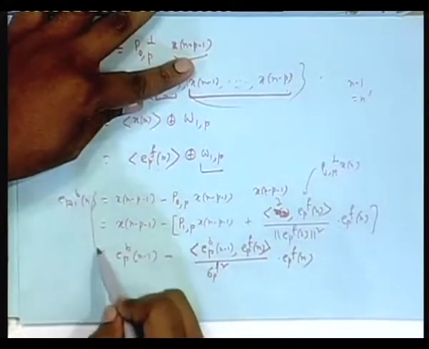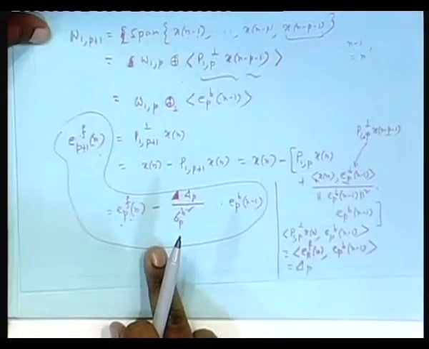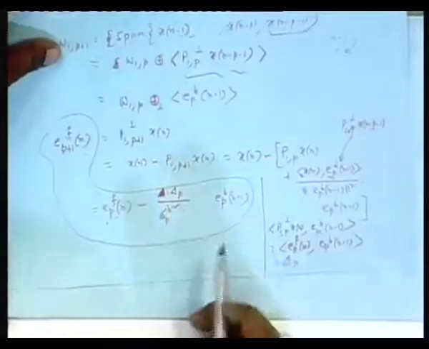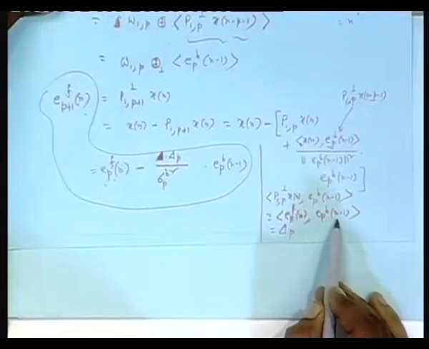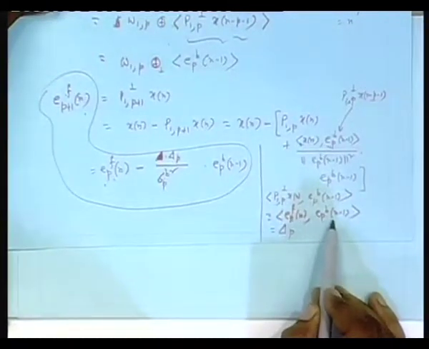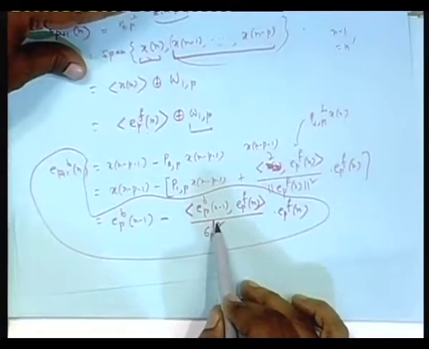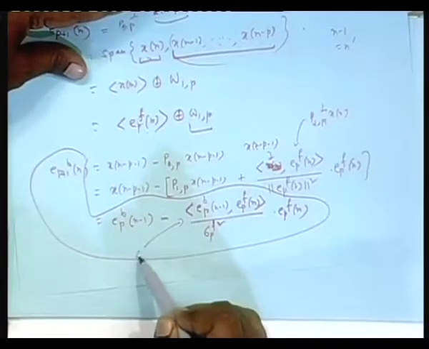So, this is another relation. So, these are the two relations. One was this, here I called it delta p. What was delta p? E p f n and E p b n minus 1, their inner product. Here it is the reverse. So, this quantity is delta p star.